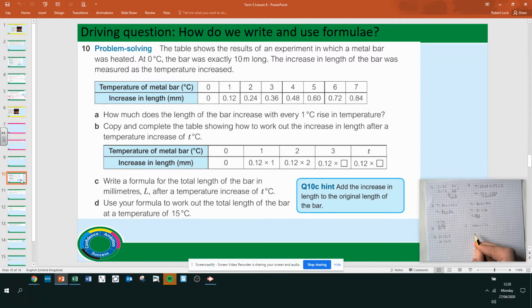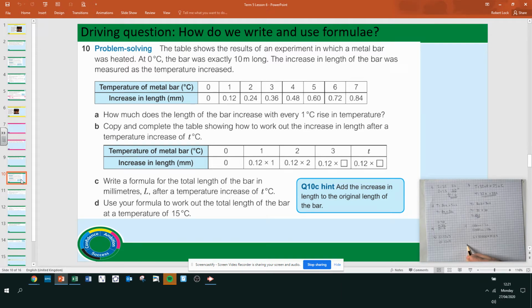So for 10 meters, 10,000 millimeters equals 10 meters. So L, length, is going to be 10,000 millimeters plus 0.12T, which is our formula here. So L equals 10,000 millimeters plus 0.12T.